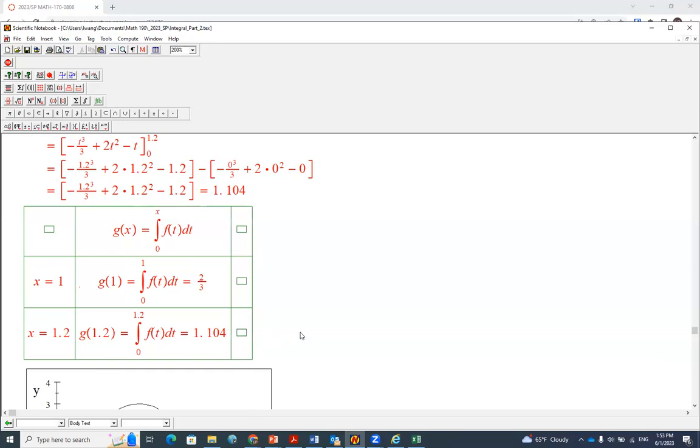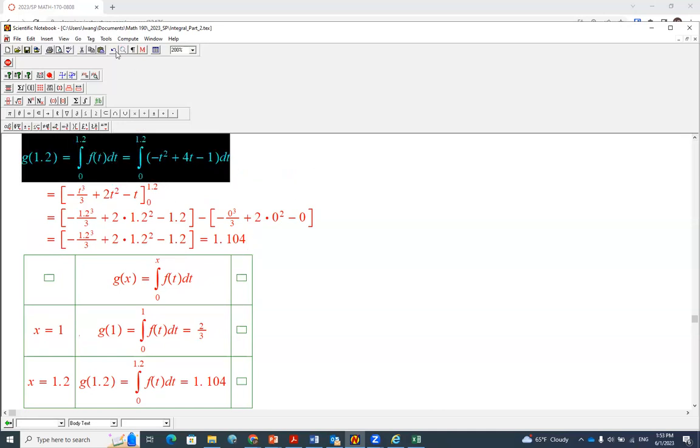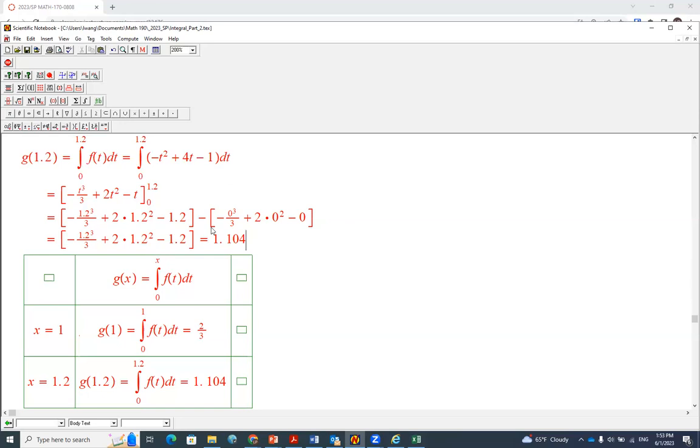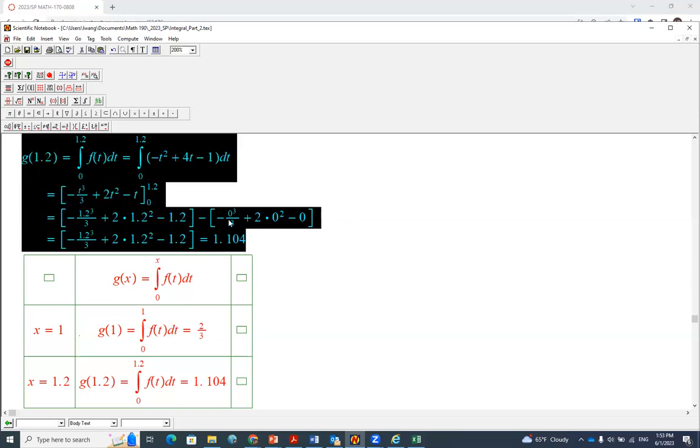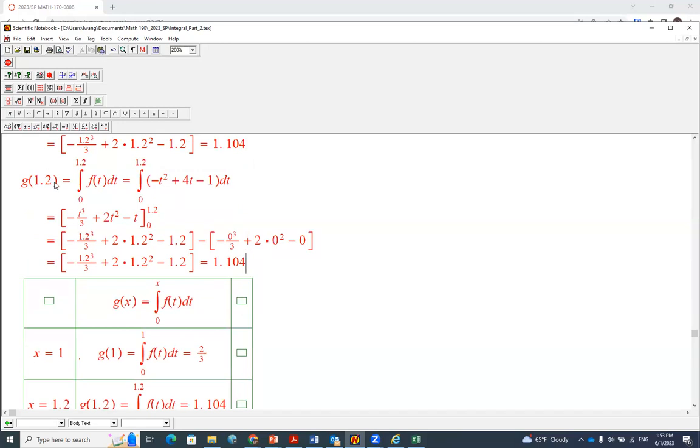Does that sound like a function? So G is a function of x. You can do a few more. Let's do G of 2. If I do G of 2, all this process is repeated, but this time it is G of 2.